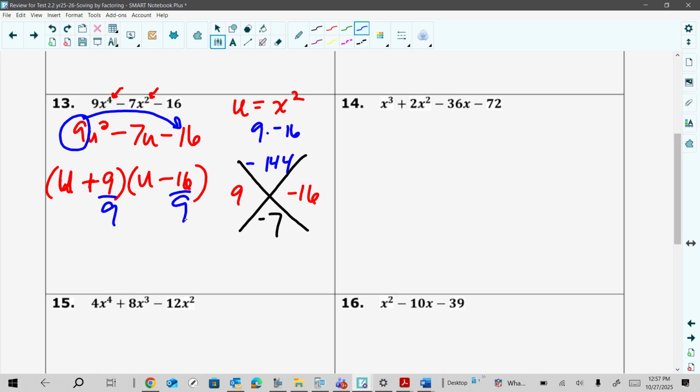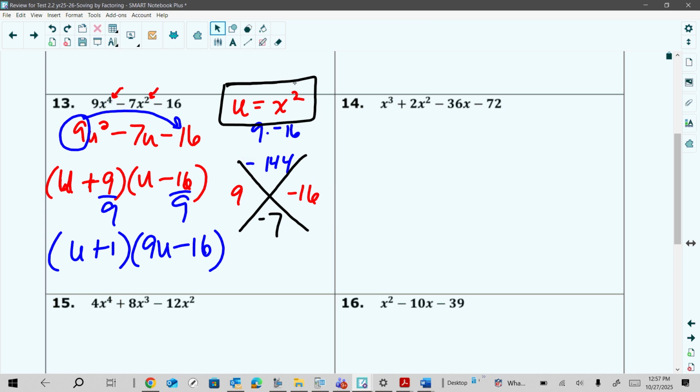So this is going to be u plus 1, and this is going to be 9u minus 16. Remember, our u was the x squared. So when I substitute this, this would be x squared plus 1 and 9x squared minus 16.